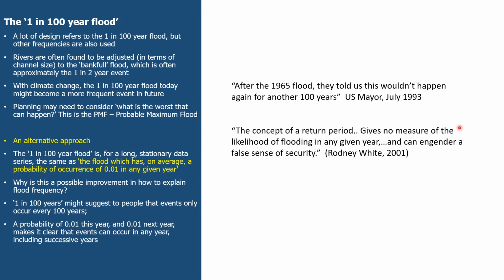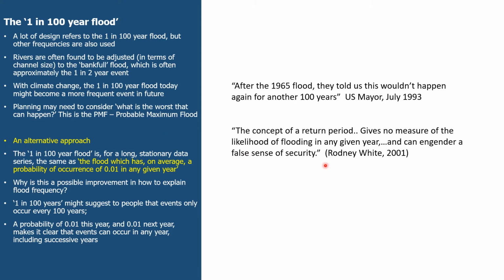And a British engineer, Rodney White, who's done a lot of work in this area, has said this, that the concept of a return period gives no measure of the likelihood of flooding in any given year and can engender a false sense of security. People will think, as this mayor did, oh, we've had a 100-year flood, there won't be another one for another 100 years, I don't need to worry about that. Whereas in fact, the 100-year flood could occur again the following year.